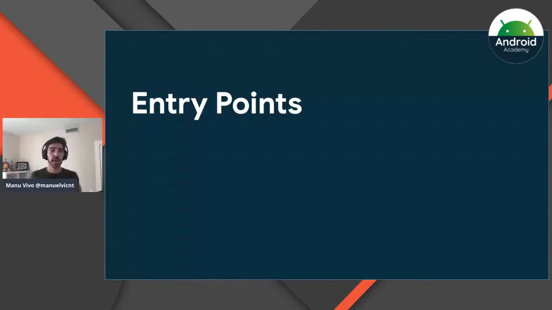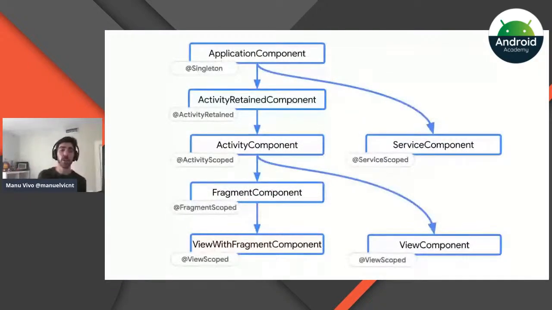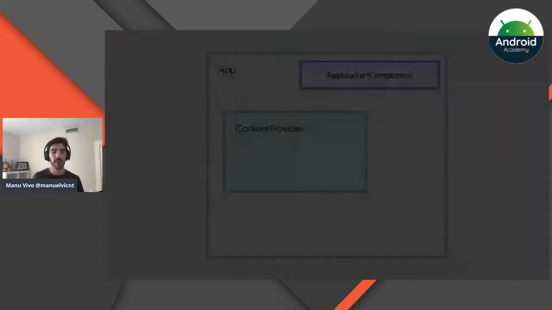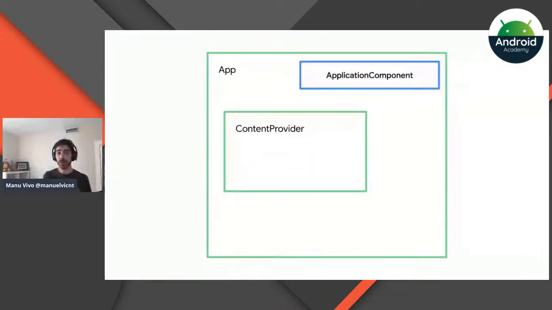And so now, let's go back one second. We said we are going to have a container, a component, for every Android framework class. But what happens to those classes that Hilt is not able to provide? For example, here we can use entry points. Let's say we have a content provider, and a content provider is not directly supported by Hilt.